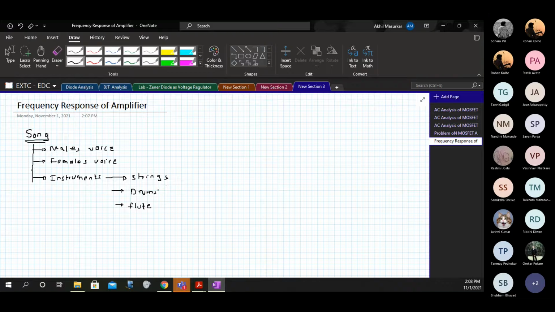Drums means you are going to do some banging action, and flute means you will pass some air through that instrument. They generate different frequencies. So let's say I have F1, F2, F3, F4 and F5.